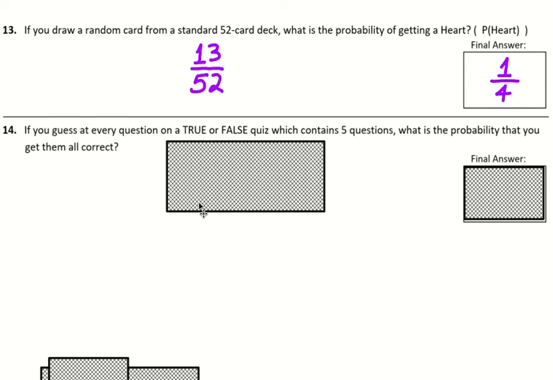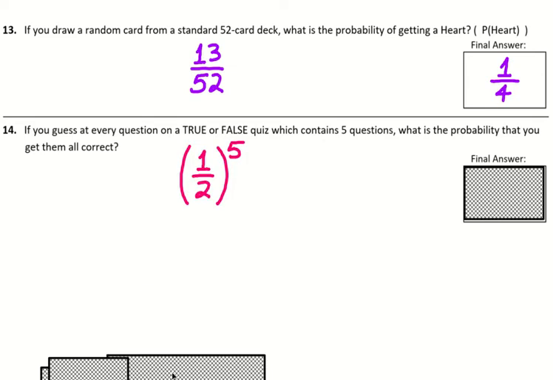Then you guess at the second question, and there's a certain probability there. And then there's a certain probability you're getting the third question correct, and the fourth question, and the fifth question, all separately, but this is compound probability because you're trying to do multiple things in a row that all have their own probability. And in order to get your final answer, you're going to multiply all of those separate fractions together.